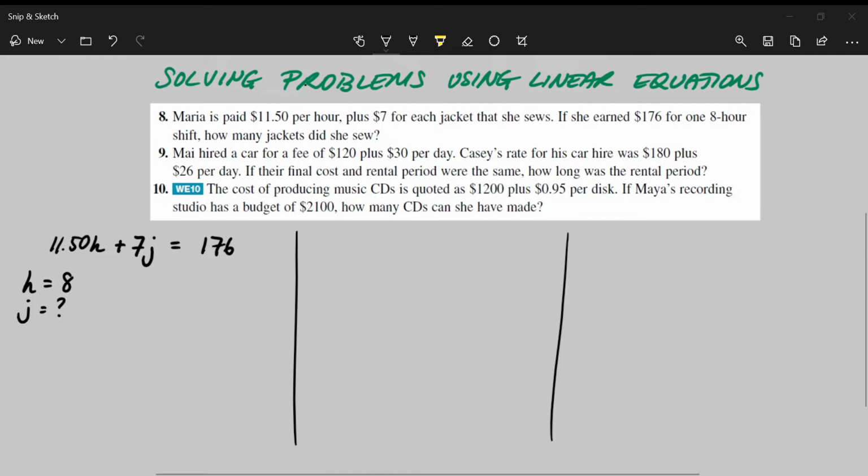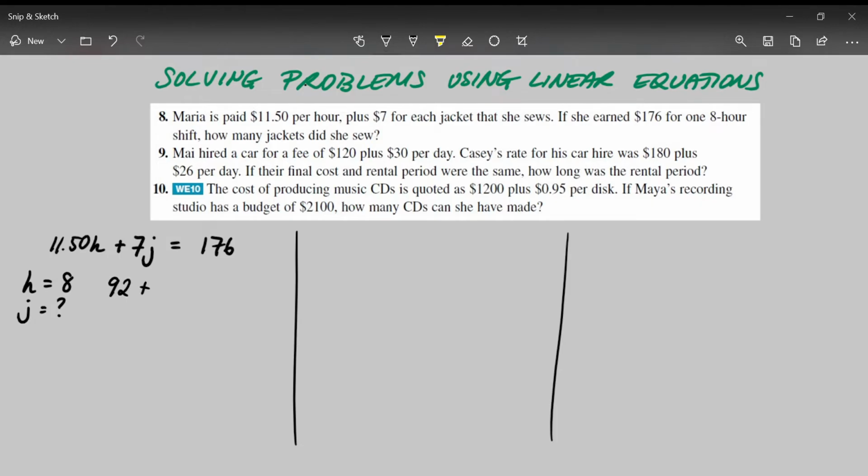If H is 8, 11.5 times 8 is 92. So let's write that in. 92 plus 7J is 176.